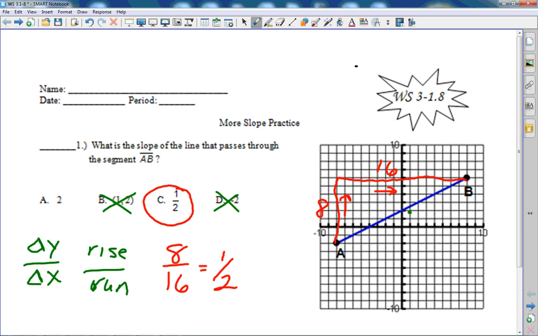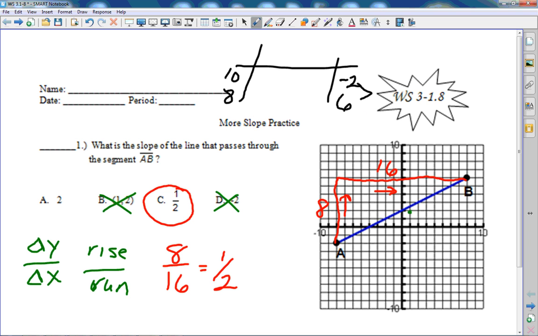Another way you could have done this is if you took a table, you took this ordered pair, which was 10, negative 2, and this point over here, which is 8, 1, 2, 3, 4, 5, 6, 7, 8. Is that right? Yes.